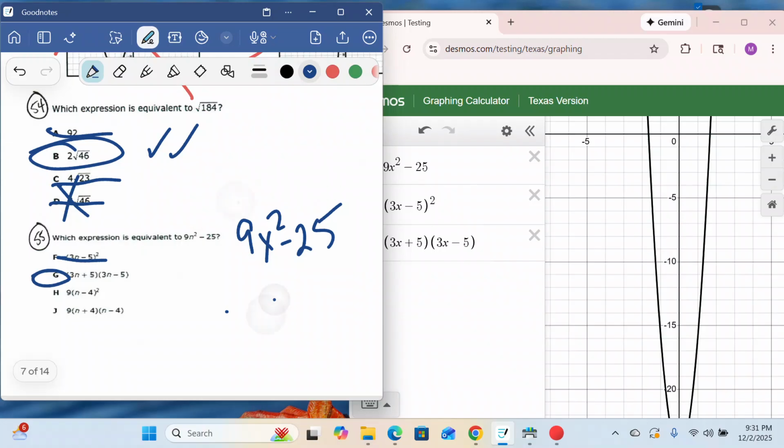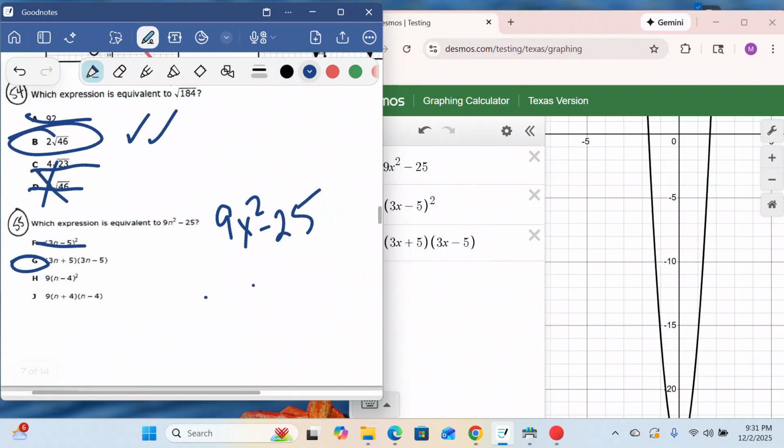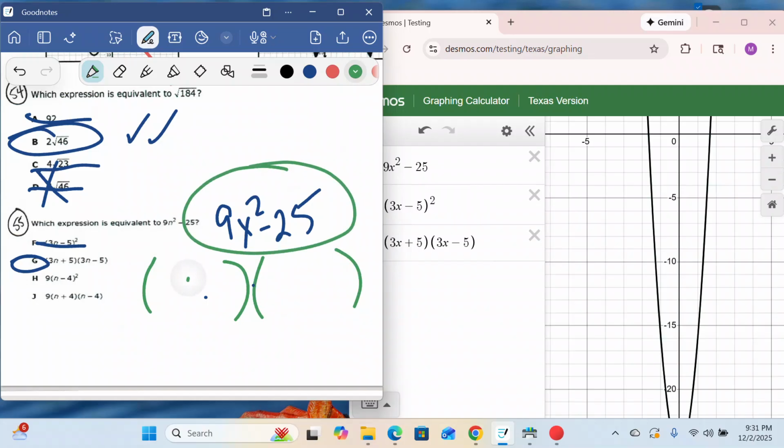Now another way to do this is through the factoring method. And I know we've never done this in class, but for those of you that understand the factoring method, all you do is take the square of each, and this is called a difference of squares. So this would be positive, this would be negative, and I take the square root of this, square root of this. Square root of 9x squared is going to be 3x, 3x, and then square root of negative 25, well, square root of 25 is 5, and 5.